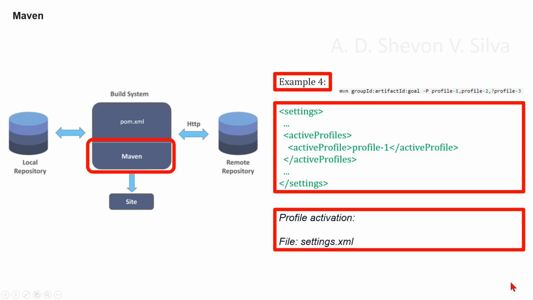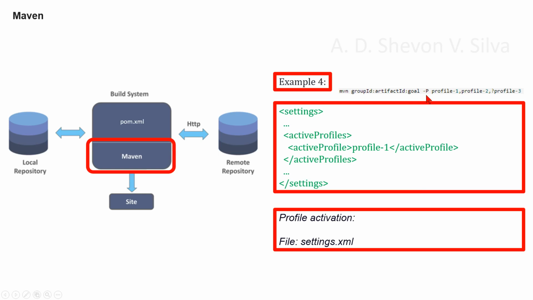As example 4, we can consider this code segment related to profile activation. This is in the file settings.xml. Profiles can be explicitly specified using the slash dash P command line flag.